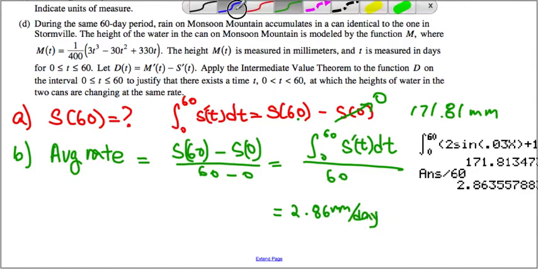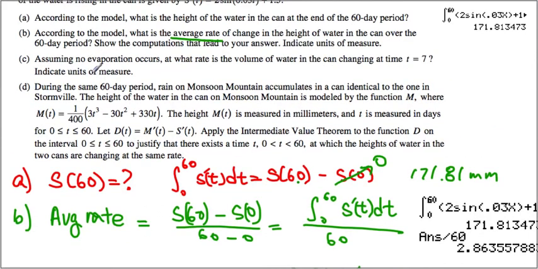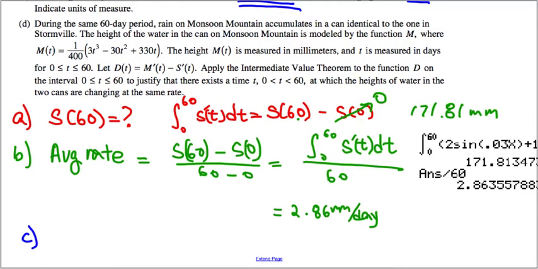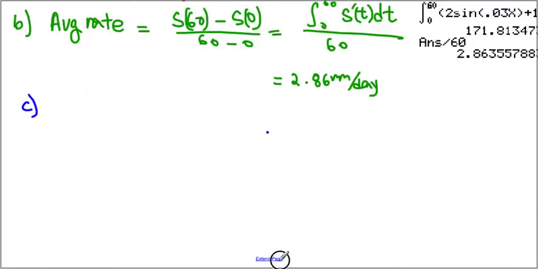Let's look at part C. Here we have: assume no evaporation occurs. At what rate is the volume of the water changing? Notice that we're talking about the volume of the water when t is equal to 7. In a cylinder, because we have a cylindrical can, volume is equal to pi r squared h.